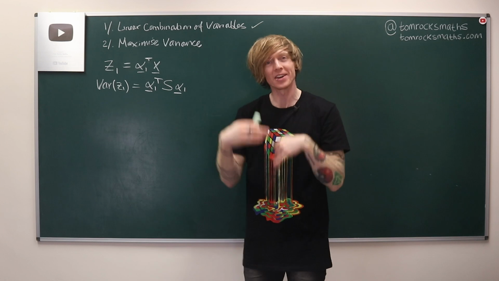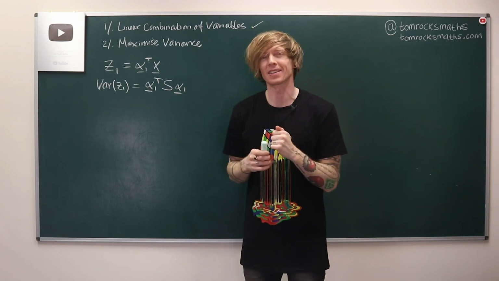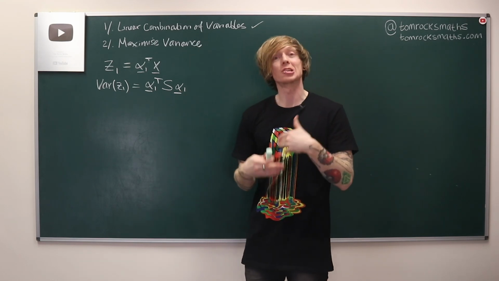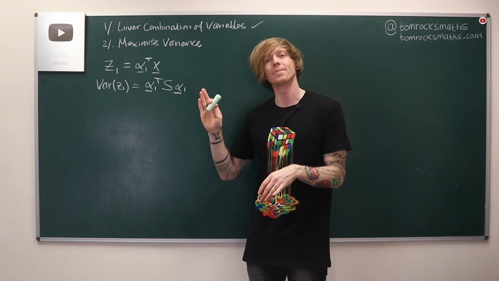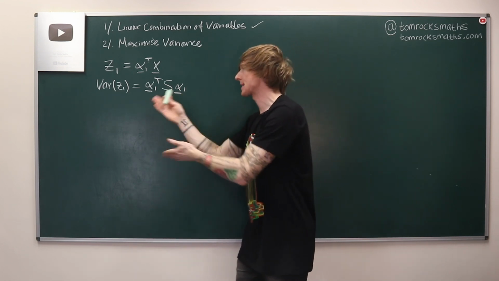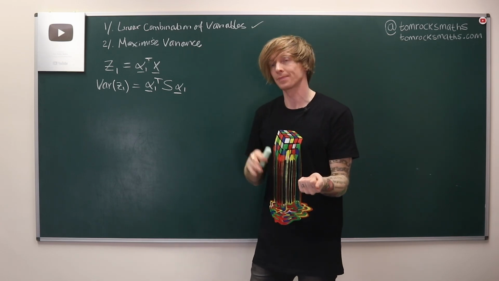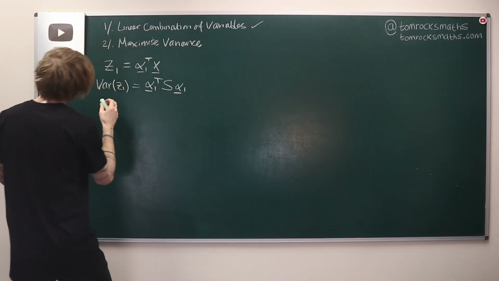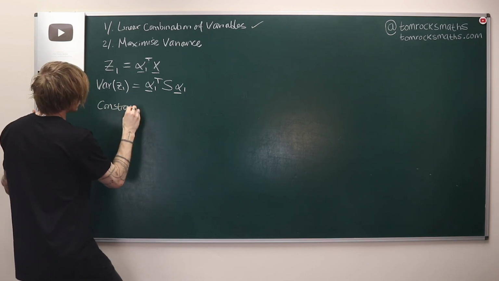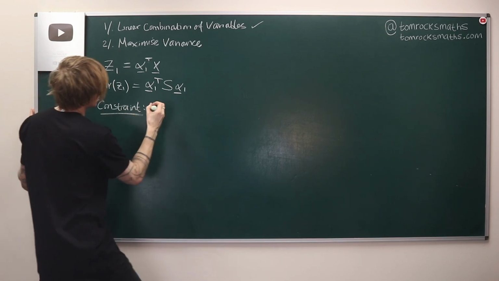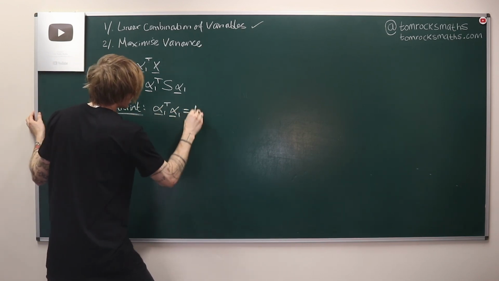But this is where that earlier condition, which I said was just a convention, that we want alpha to be a unit vector, is what we're going to use to constrain the problem and to help us then maximize the variance subject to that particular constraint. So we want to constrain the problem by specifying that alpha is a unit vector, so that means alpha 1 transpose times alpha 1 has to give us 1.